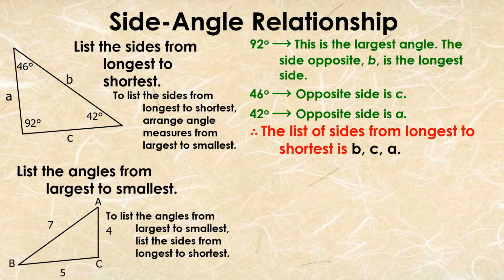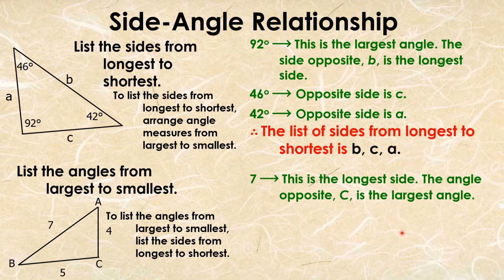In the second illustration, you have to list the angles from largest to smallest. To do this, we list the sides from the longest to the shortest. B is the longest, that means the opposite angle C is the largest angle.